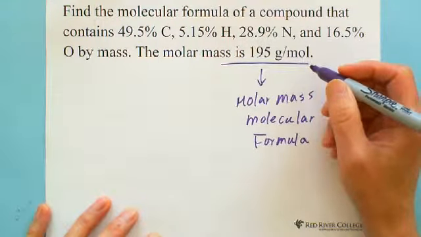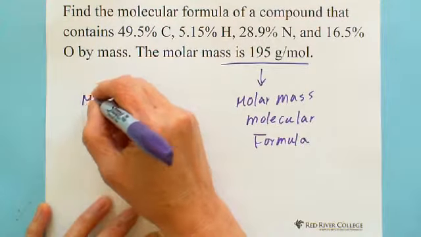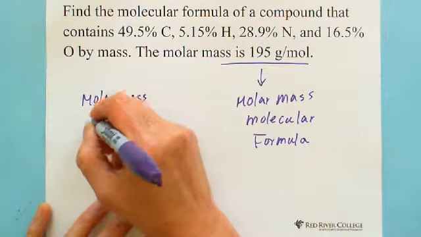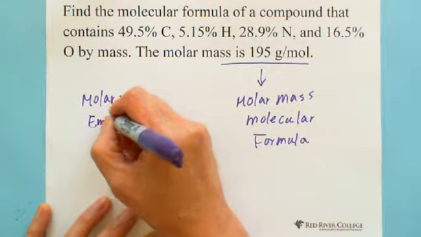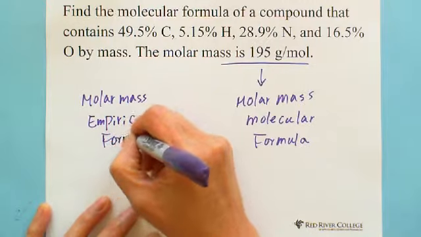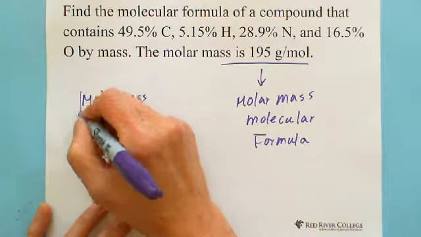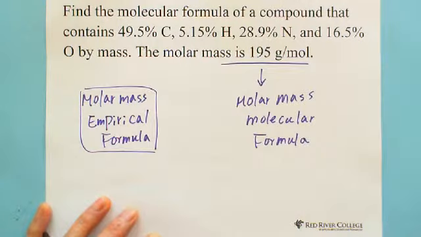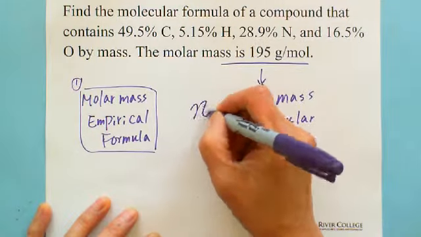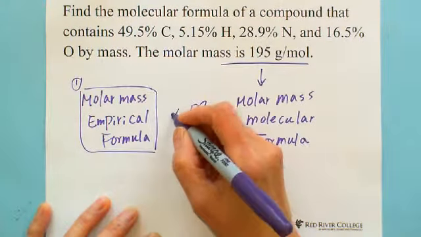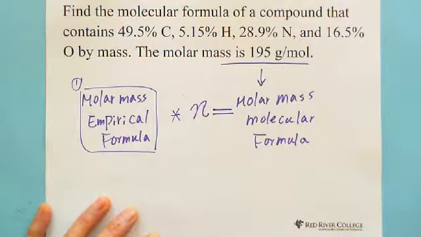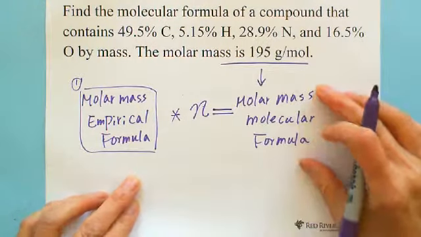So we need to find the molar mass from the empirical formula. First find this one, then find n, the number of multiples, and finally we can get this formula.